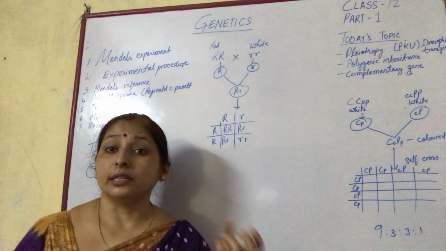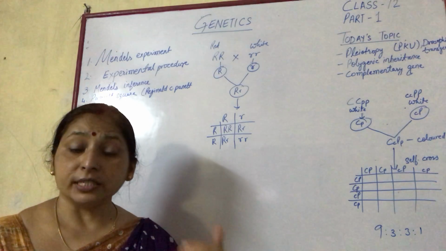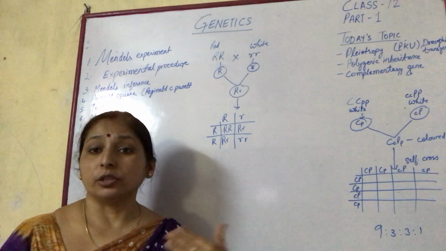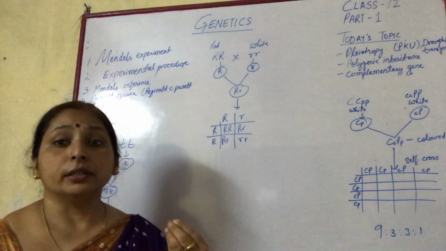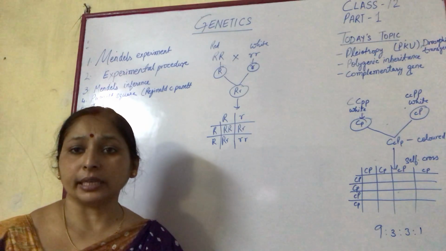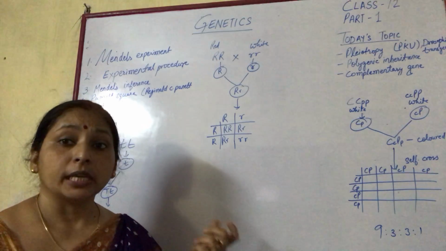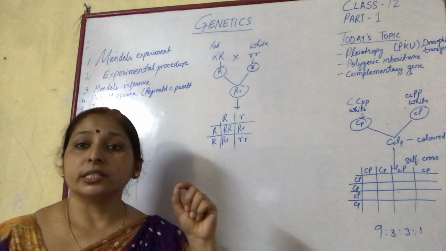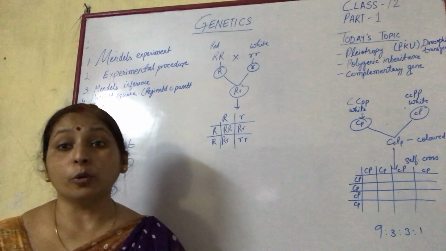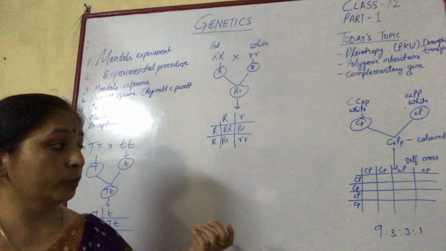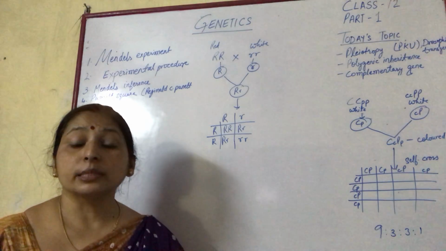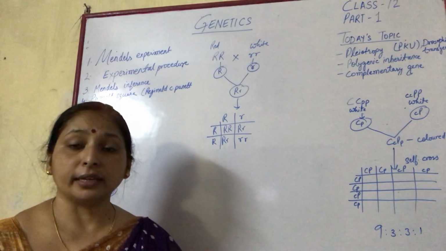These factors are responsible for the physical expression, or the phenotypic expression, of an organism, of a plant, or of a part of a plant or an organism. So that phenotypic expression is because of the factor, the gene, present on the homologous chromosomes, or the gene responsible for the contrasting characters.